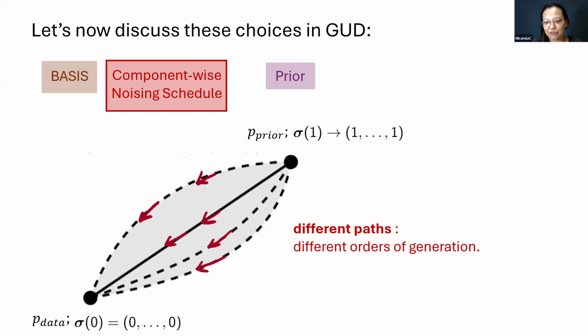We want to generate first the low energy degrees of freedom and condition on that to generate the details. So for certain data sets, we have an intuitive understanding of what path should be better.